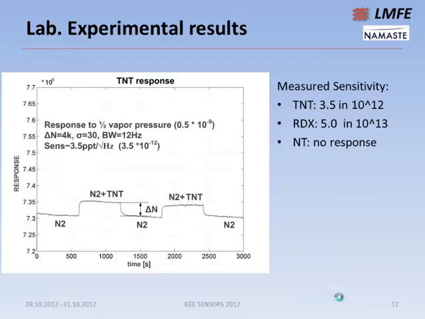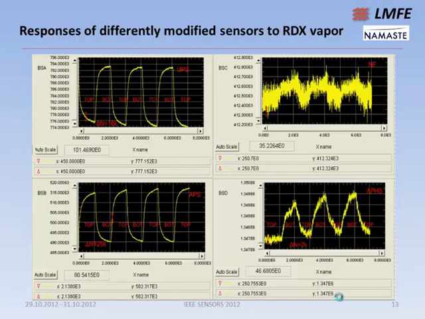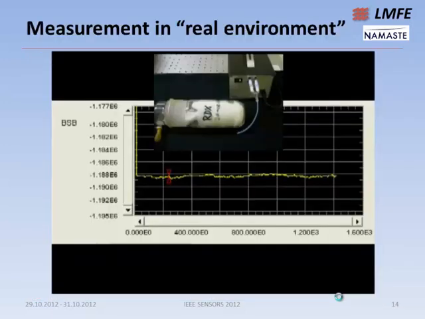So these are some measurement results, and we can see that this is N2 plus TNT, and we got 3 ppt per root hertz sensitivity. Here are measured results for RDX on differently modified sensors. And here is one.